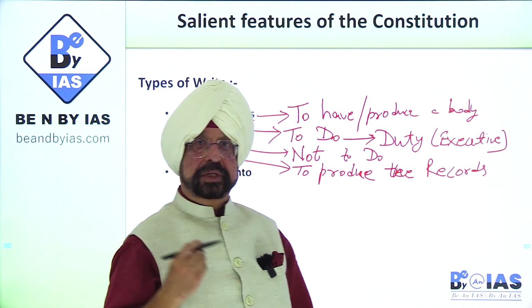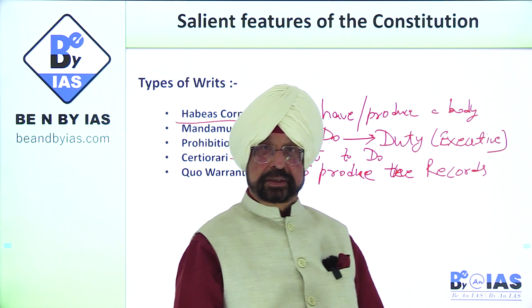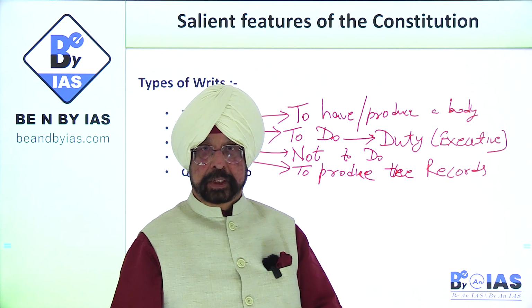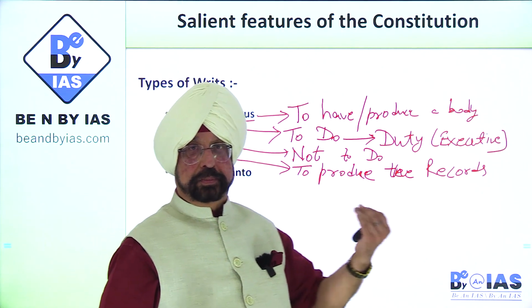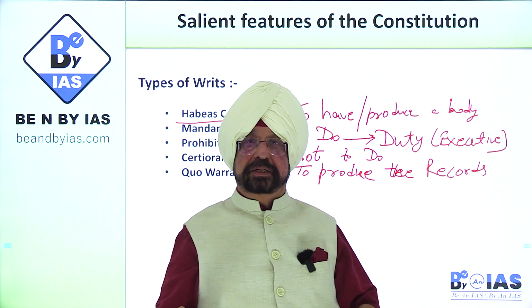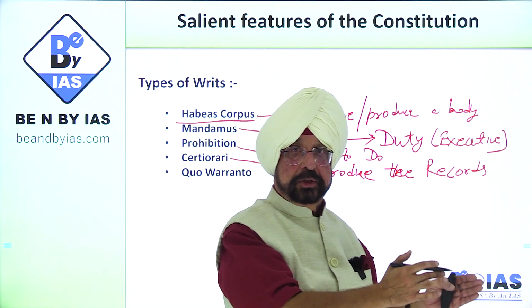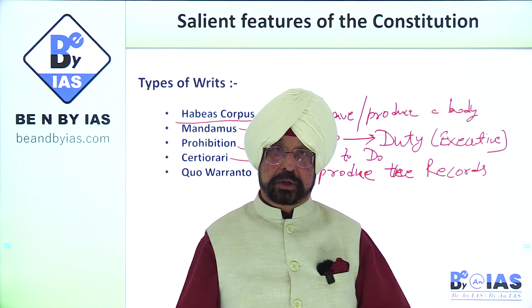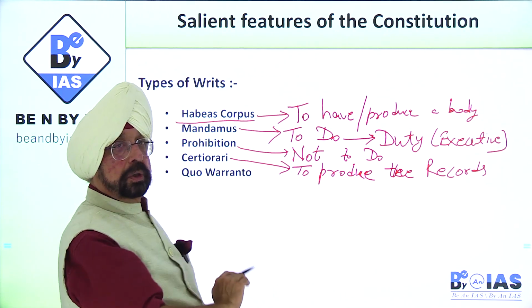All executive decisions, judgments, orders, directions and instructions are in written form. They are recorded. So those records can be called up by the Supreme Court or the High Court: produce those records, on what basis you have taken that decision? The records pertaining to an executive decision or a judicial decision by a lower or subordinate authority can be called for by the Supreme Court or the High Court.